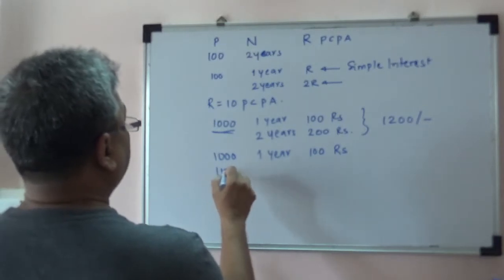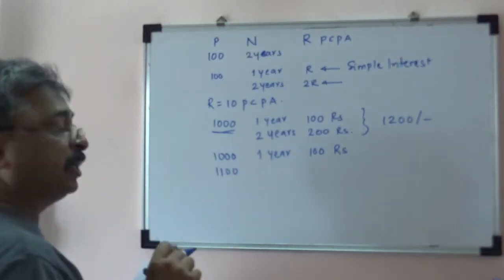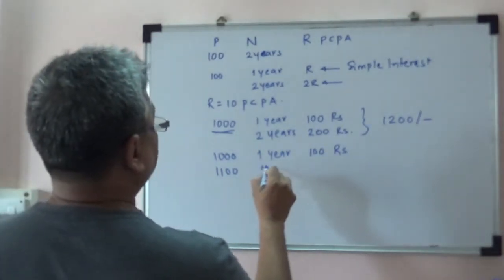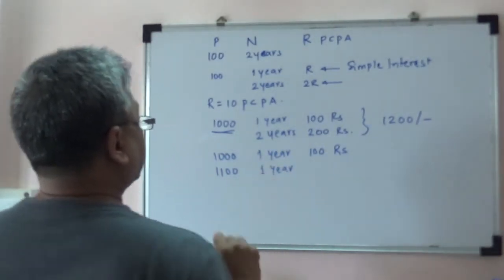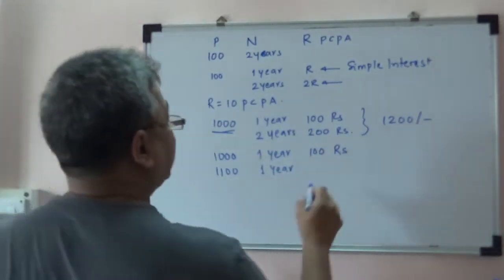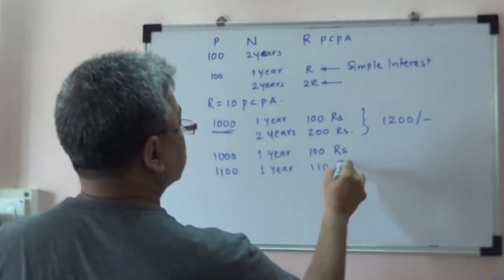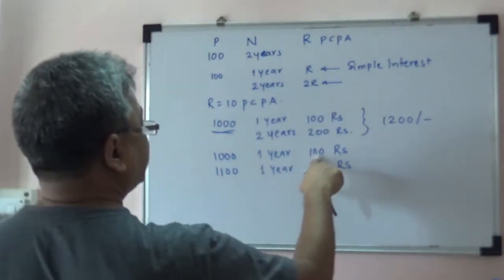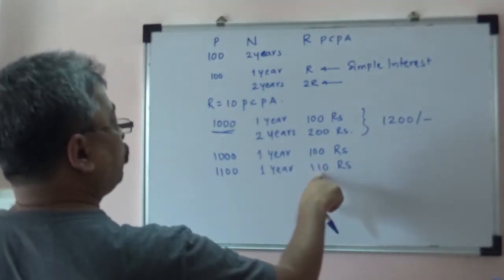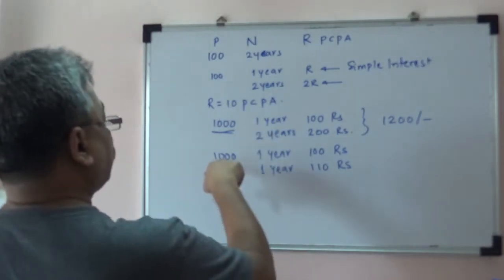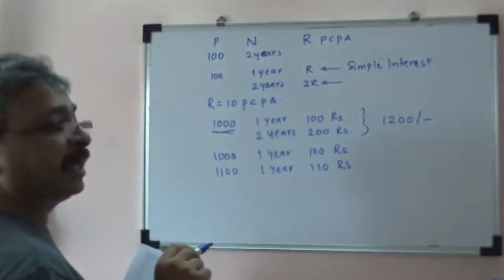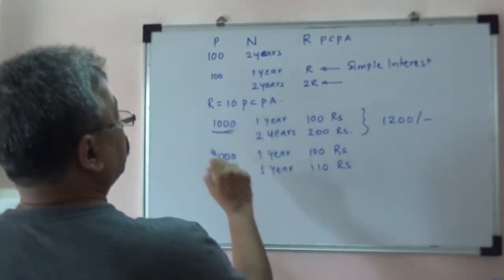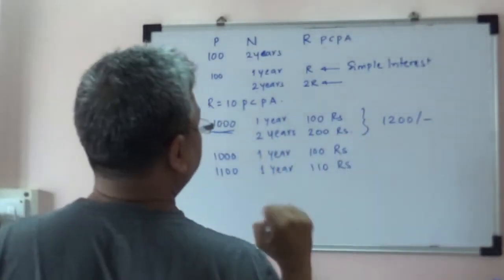So my principal for the next year becomes 1100, and I keep it for one more year. 10% of that is 110 rupees. So I got 100 rupees as interest in the first year and 110 rupees as interest in the second year, for 1000 rupees which I keep in the bank for 2 years.